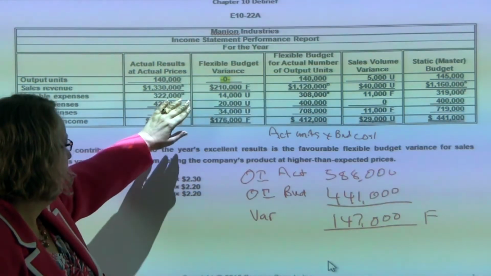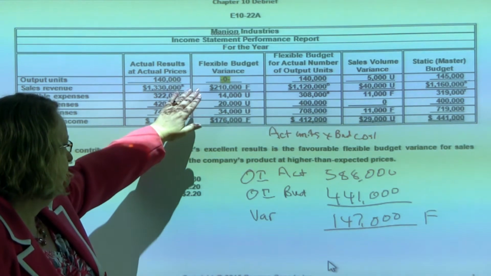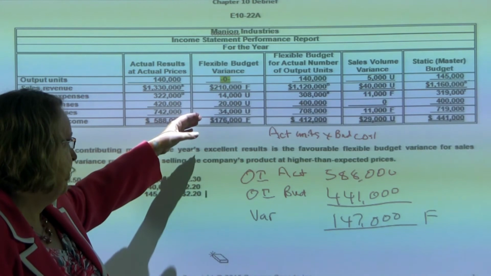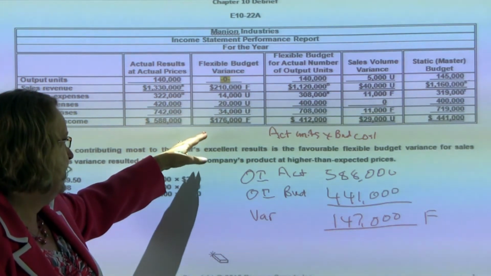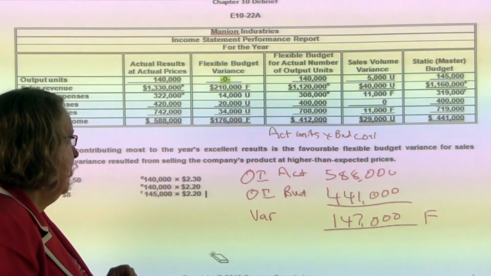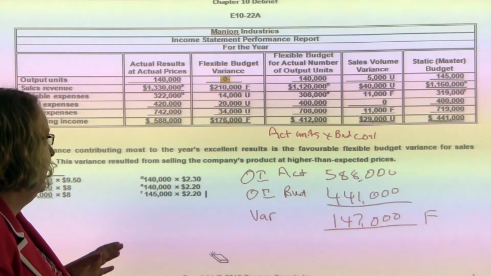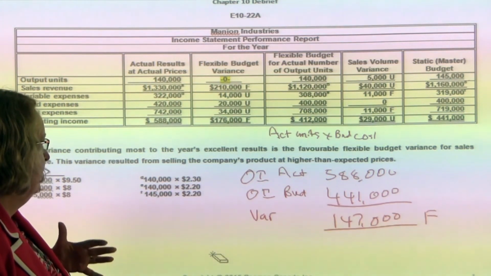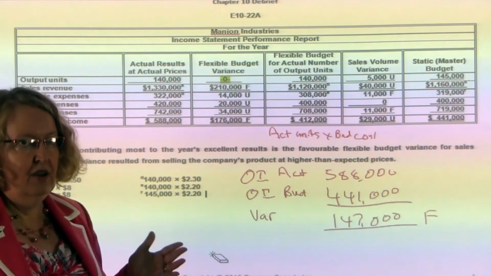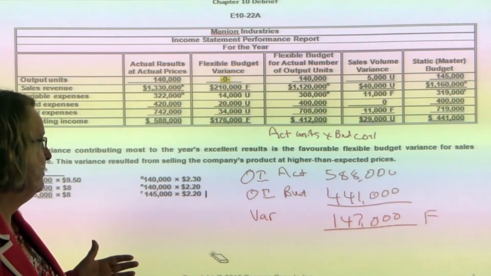So the total variance here, you have your 210 favorable offset by your 34 unfavorable, so it's a 176,000 favorable variance. So that variance is totally due to looking at what your budget should have been for selling 140,000 units at $8.